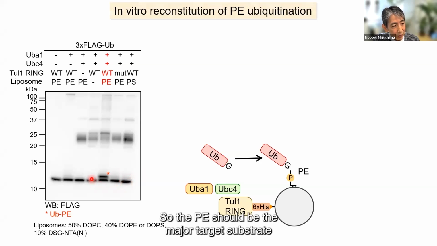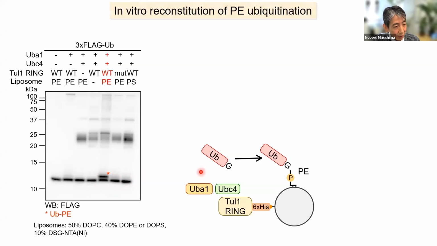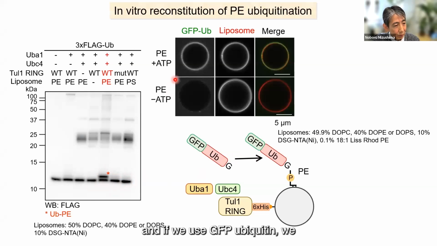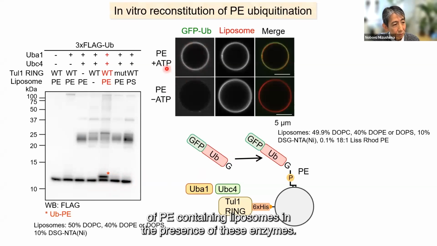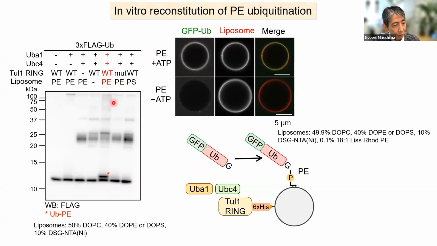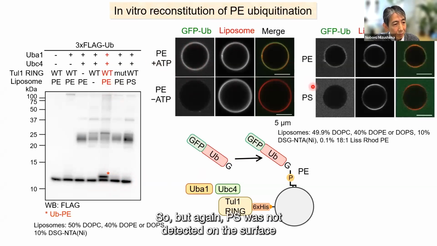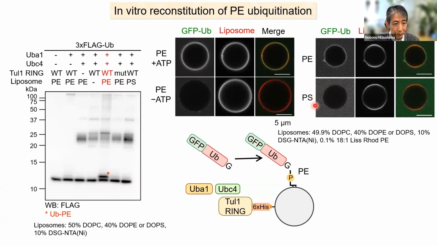So PE should be the major target substrate. And if we used GFP-ubiquitin, we were able to detect GFP-ubiquitin on the surface of PE-containing liposomes in the presence of these enzymes. But again, PS was not detected on the surface of liposomes.